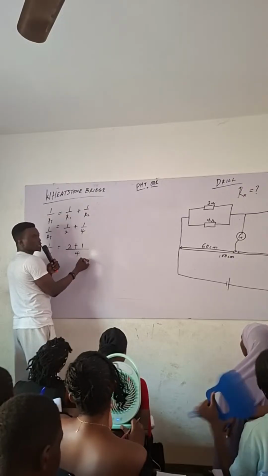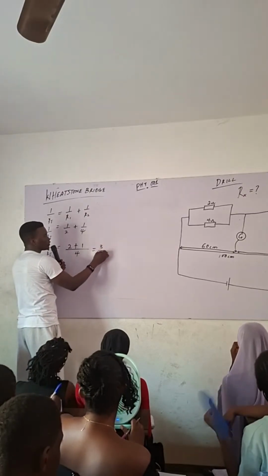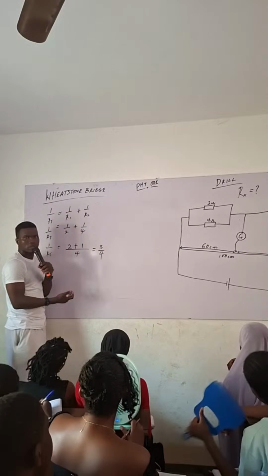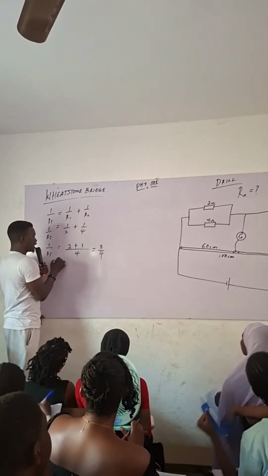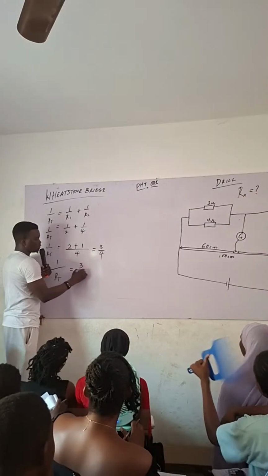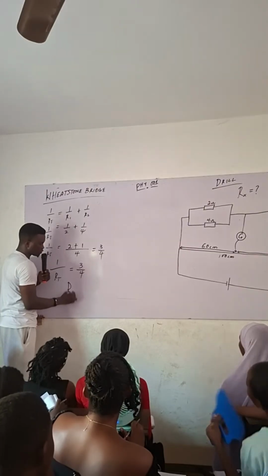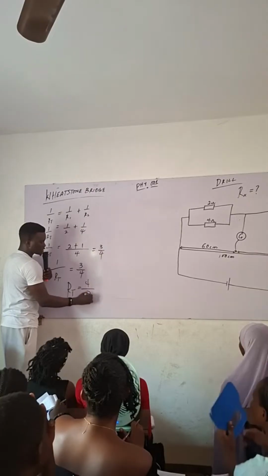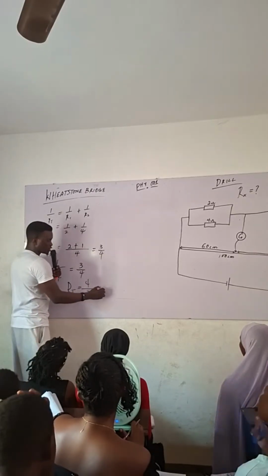So here you get 3 over 4. Can you see the board? I'm trying to make it bigger. So 1 over R total is equal to 3 over 4, so R total will be equal to 4 over 3. Here you get that, and that's what?